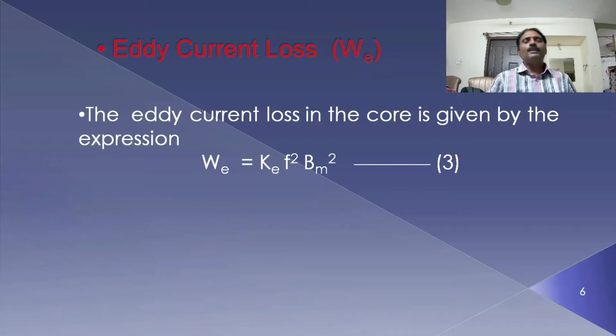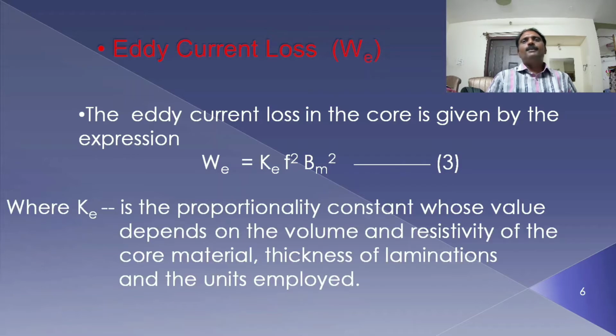Here KE is known as the eddy current constant, a proportionality constant whose value depends upon the volume and resistivity of the core material and also the thickness of the laminations. That is the reason why, if you reduce the thickness of the laminations, the eddy current losses decrease. Hence, if you observe the core of the transformer, it consists of a number of laminations instead of a single unit in order to reduce the eddy current losses.